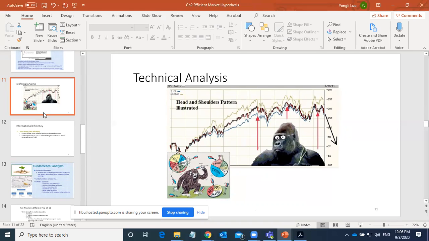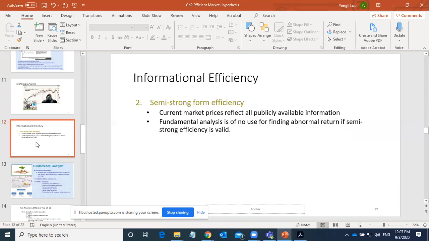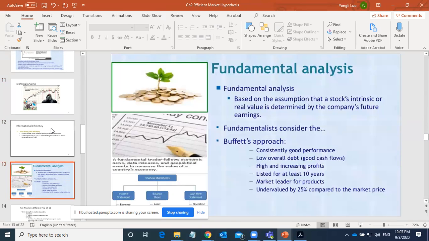Do you believe his student will win or the chimpanzee? After 6 months, actually, his student could not beat the chimpanzee. That means technical analysis is not valid, and the stock price is just random. So that's another experiment.